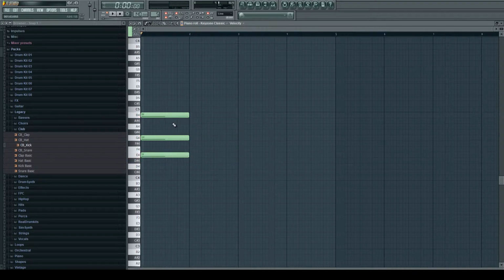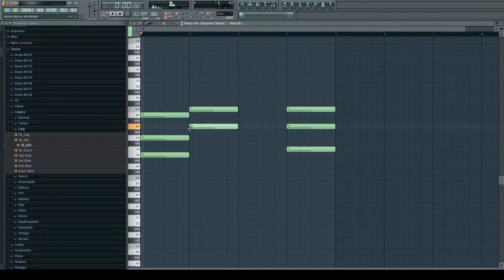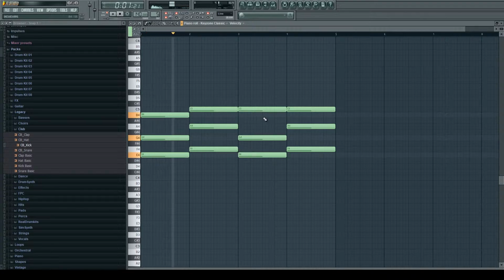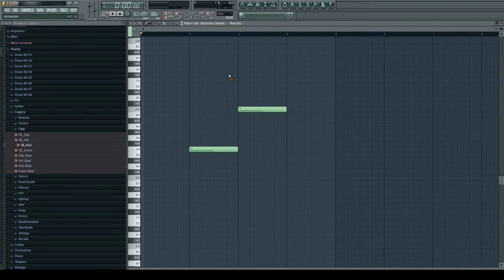That's why, if you're using E minor, you're probably gonna want something else like an F. I don't know, that doesn't make much sense, but you guys know what I mean, right?